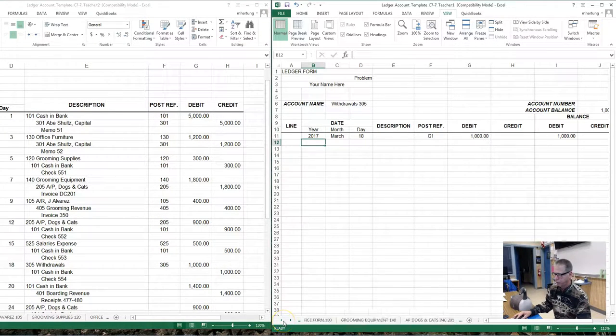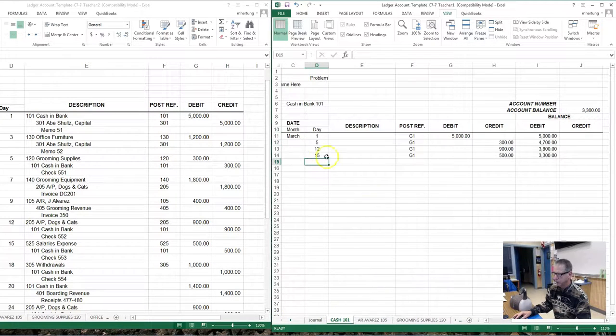We withdrew cash out of the business, so we got to decrease our cash with a credit. $1,000.